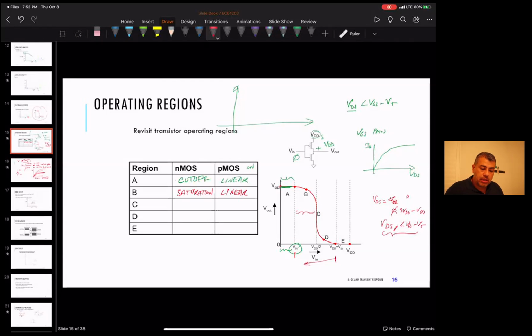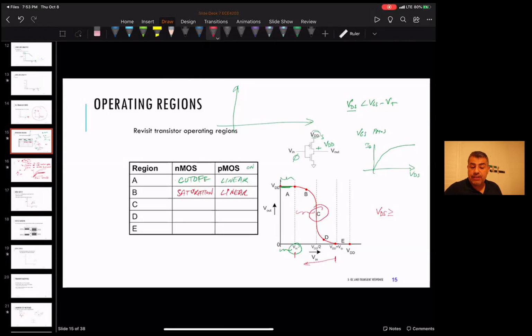Okay, so then right at C, now you've got a case where the drain source is greater than, basically drain source and gate source.